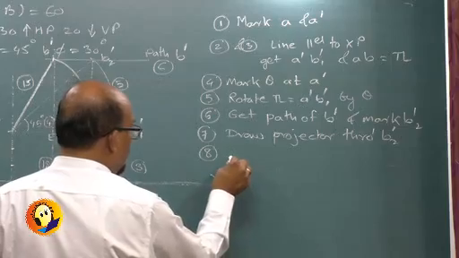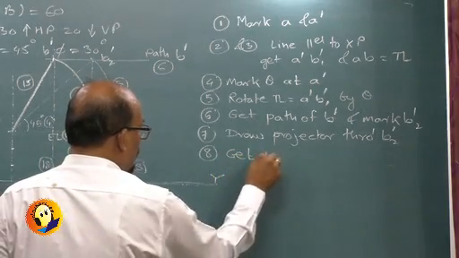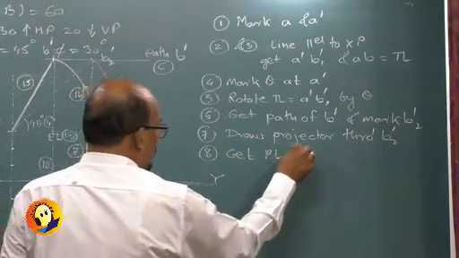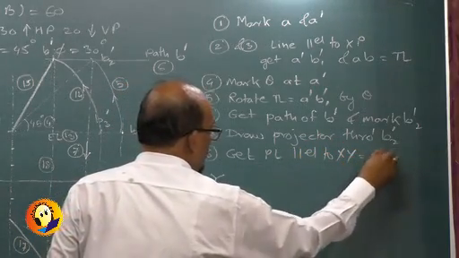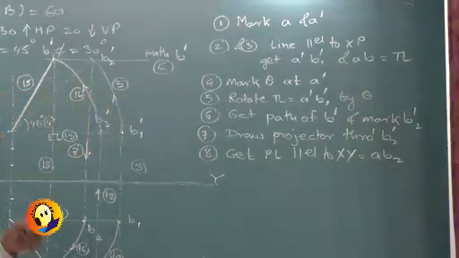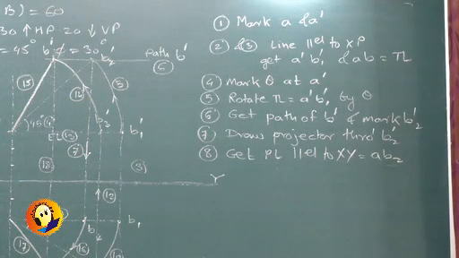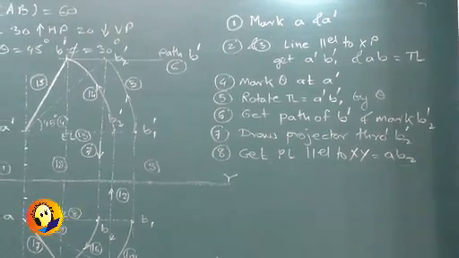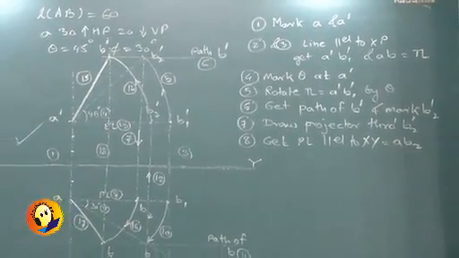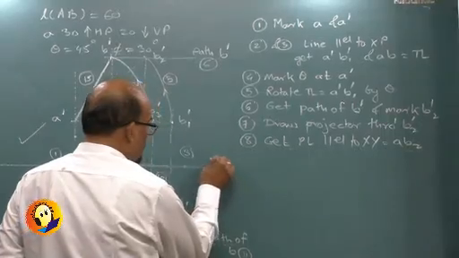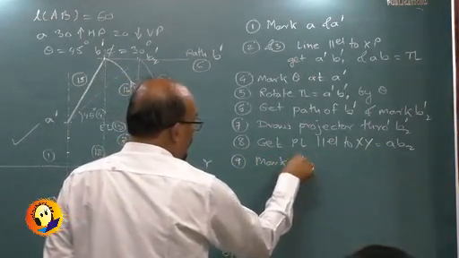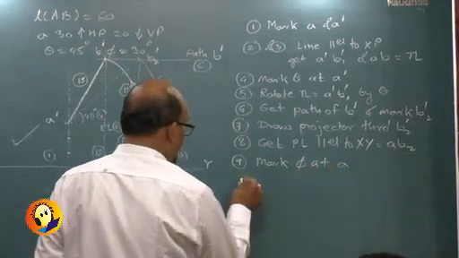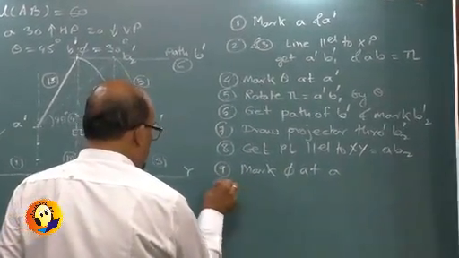Step number 8, get plan length parallel to XY, which is A B2. Step number 9, mark phi at A. Step number 10.